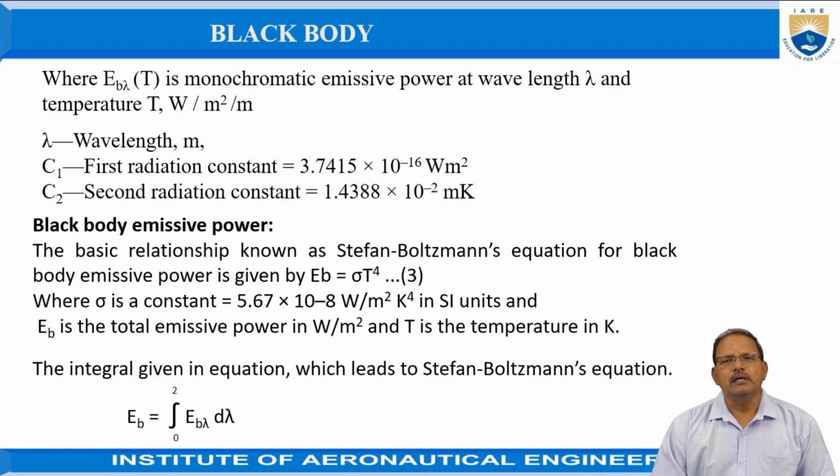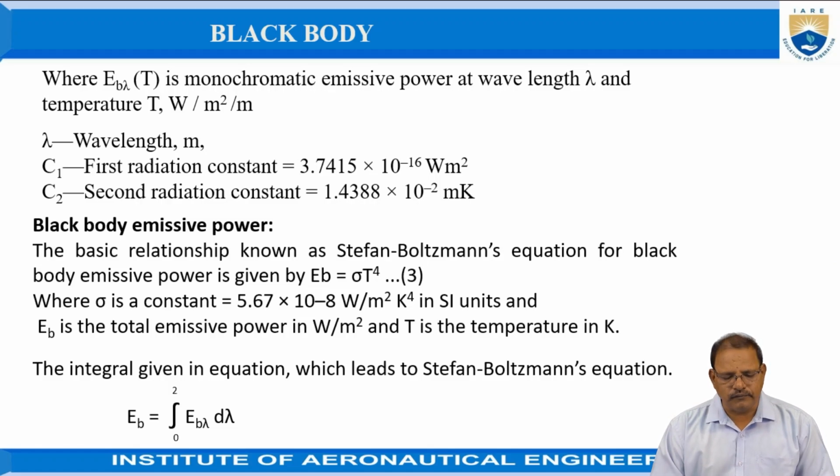Black body emissive power is the amount of energy that is emitted from the black body. According to the Stefan-Boltzmann equation for the black body, the emissive power is given by E_B equal to sigma into T to the power of 4, where sigma is the constant.